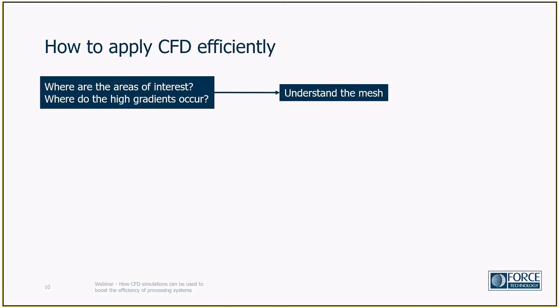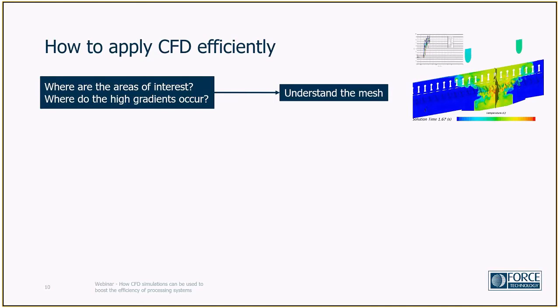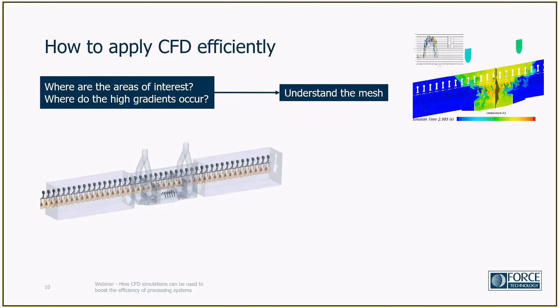If we take again a SonoSteam example, this is a disinfection of chickens, where the chickens are moving from the left to the right, and we are introducing steam and ultrasounds in this area. Here we have the entire fluid domain that we have used for the CFD model.